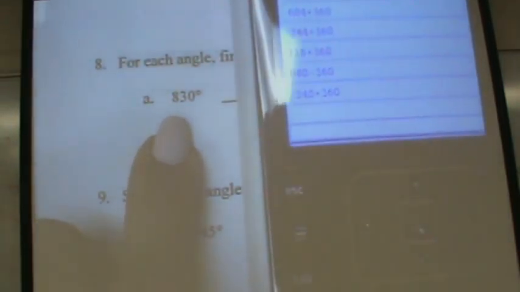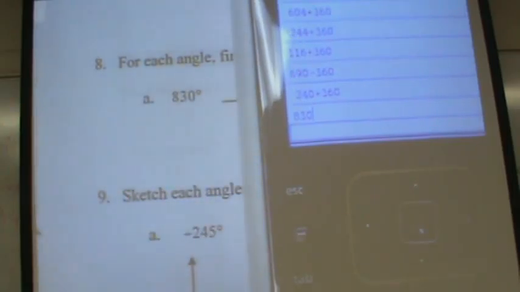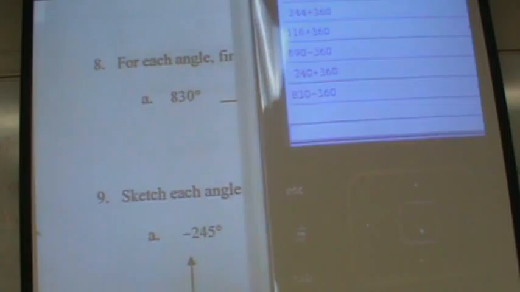830 degrees. You're gonna type 830 in your calculator. That's bigger than 360, right? Yep. So it's beyond 360, so we're gonna subtract 360. My first angle I get is 470.